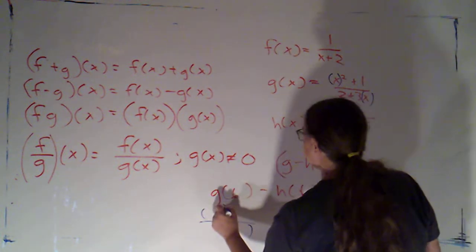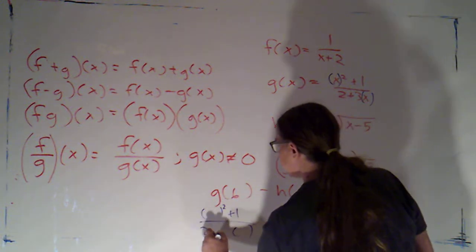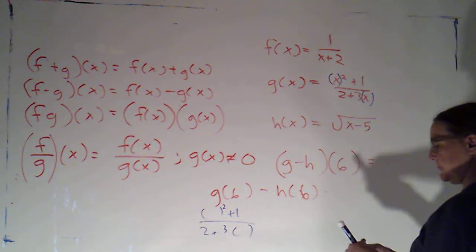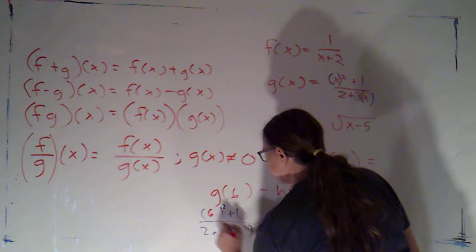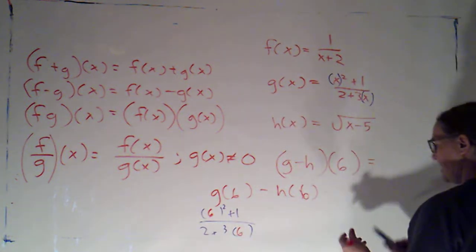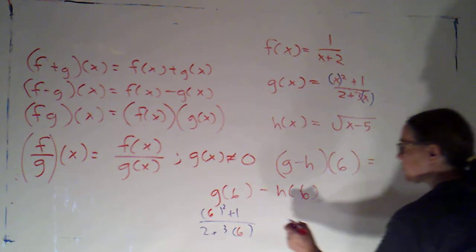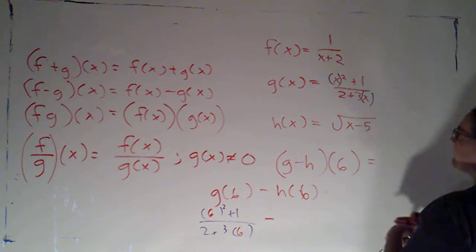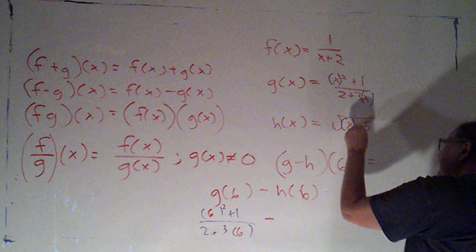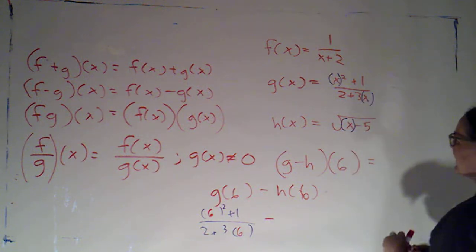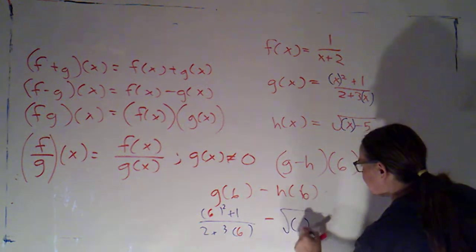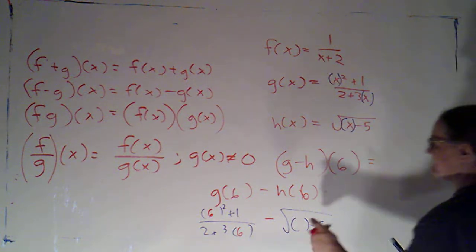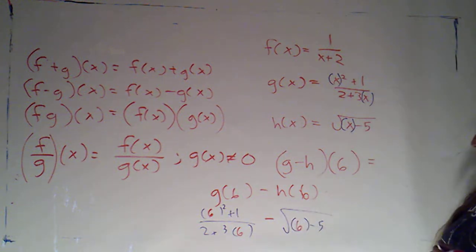So I'm going to get my input squared plus 1 over 2 plus 3 copies of my input, and I'm just plugging in a 6 there. And I'm subtracting from that h of 6. For h, I'm just subtracting 5 from my input, and then taking the square root.